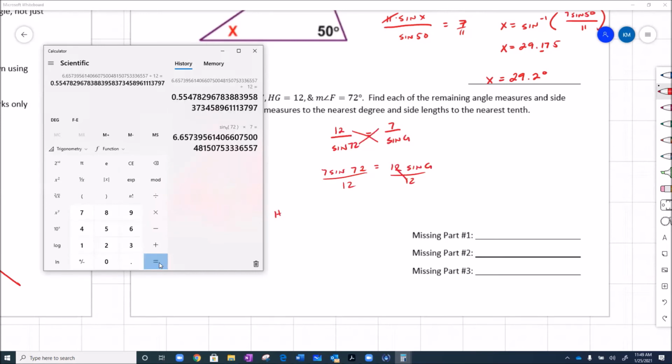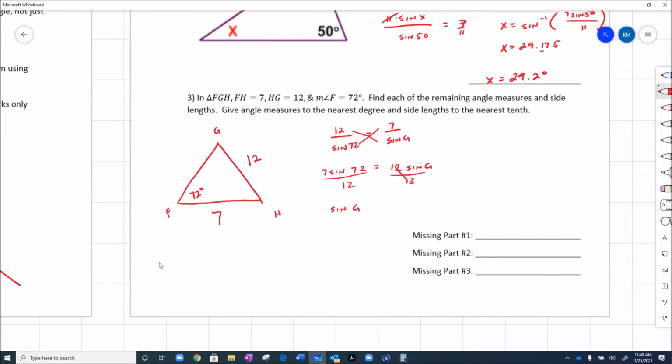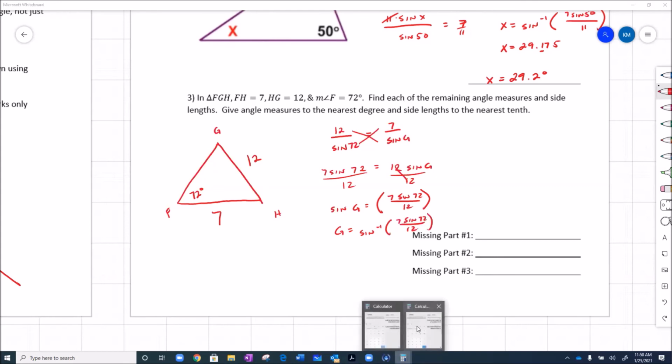So I know that sine g equals 7 sine 72 over 12. So in order to find g, I need to do the inverse sine of this. Inverse sine of 7 sine 72 over 12. So back to my calculator.